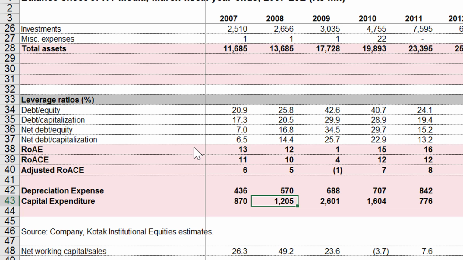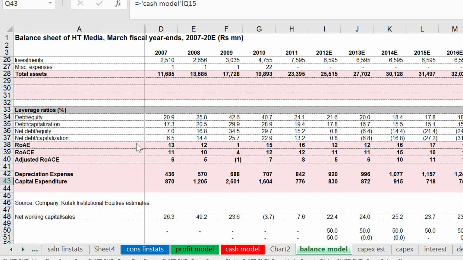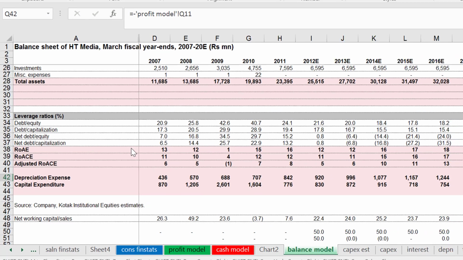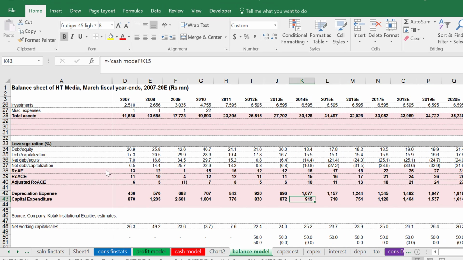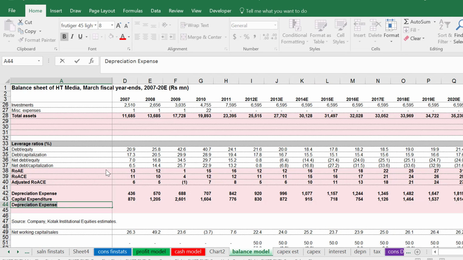And here's the problem. Well, okay, depreciation. Depreciation is above the CapEx. So let's put depreciation to CapEx.